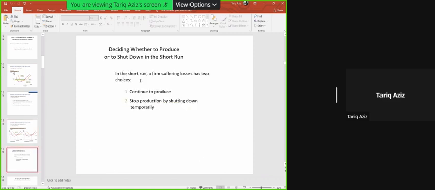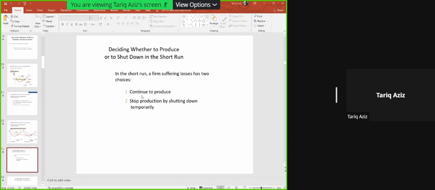So if a firm is making losses in a perfectly competitive market, what are the options? There are two options. Either it may continue to produce or it may stop production by shutting down temporarily.